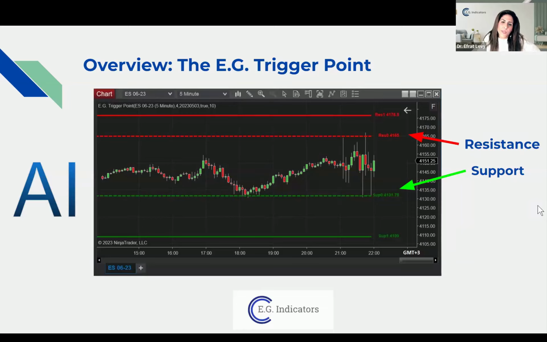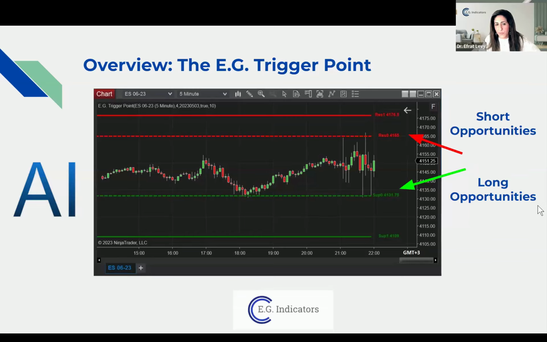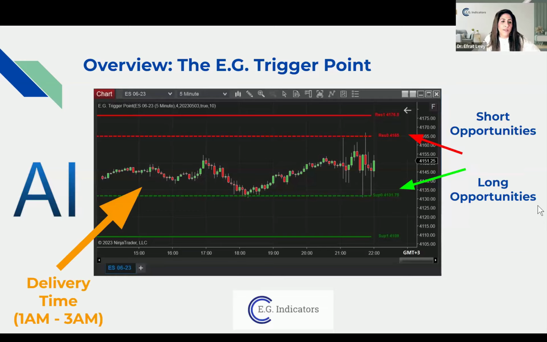We expect more aggressive buyers at the trigger point support levels and aggressive sellers at resistance levels. Therefore, traders may consider these green levels as buying opportunities and the red levels as selling opportunities. When the daily levels are delivered to our customers, the market moves between the dashed lines that you see here, sub-zero and res zero.